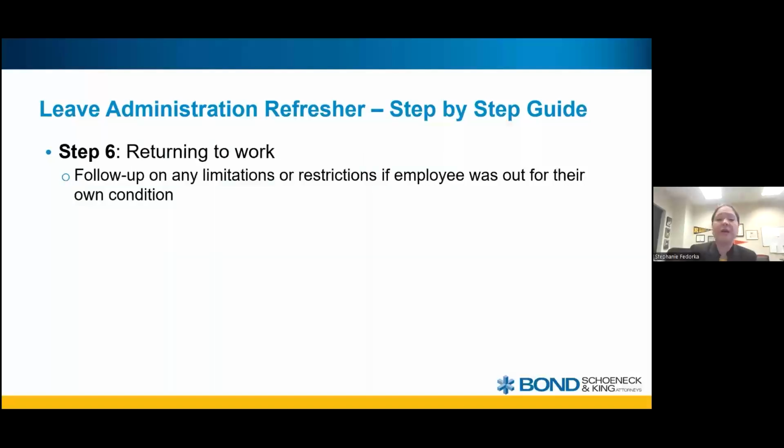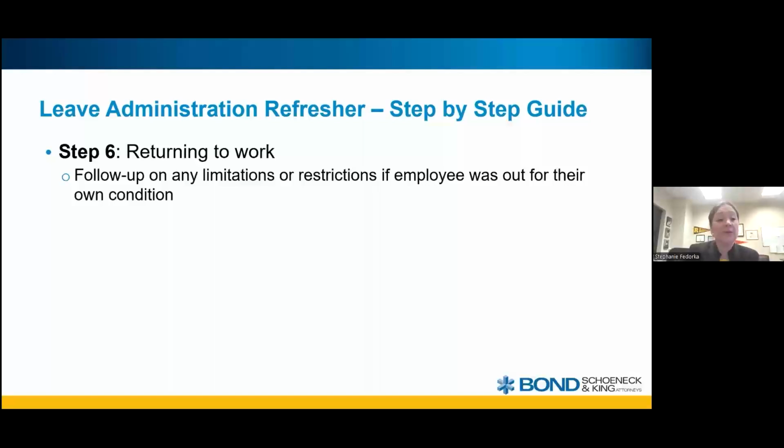I'll also mention that there could be situations where the employee needs more leave time. They have exhausted the FMLA. You might still have an obligation. If it's because they are unable to work, you have an obligation to engage in that interactive process with them to see if an extension of unpaid leave, even though they've exhausted the FMLA, would be reasonable.